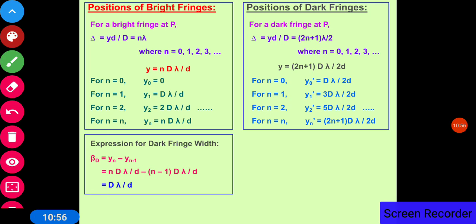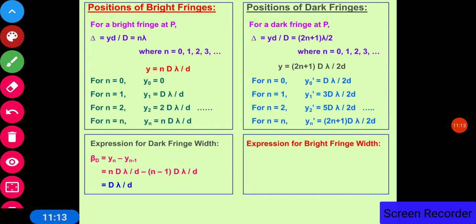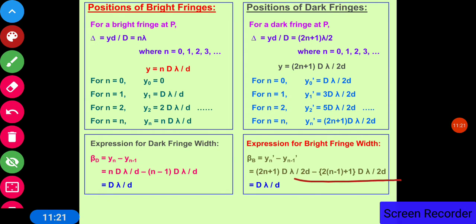So yn is n D lambda upon d, and y(n minus 1) means in place of n you will write (n minus 1) D lambda upon d. When you simplify this you will get D lambda upon d. Similarly you can find out the expression for the bright fringe width, that is yn dash minus y(n minus 1) dash, and when you put the values in this expression and simplify, you will get the same value, that is D lambda upon d.